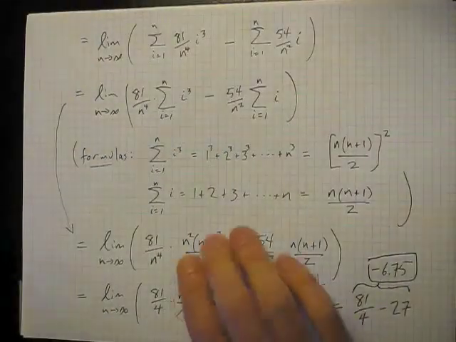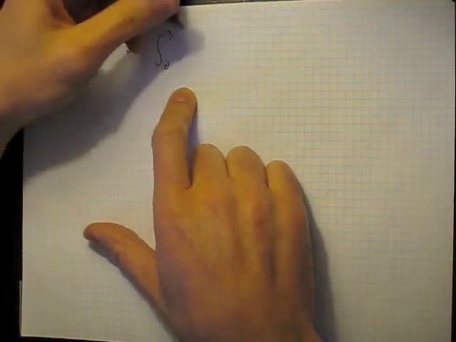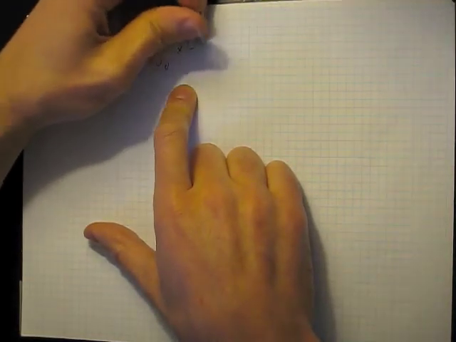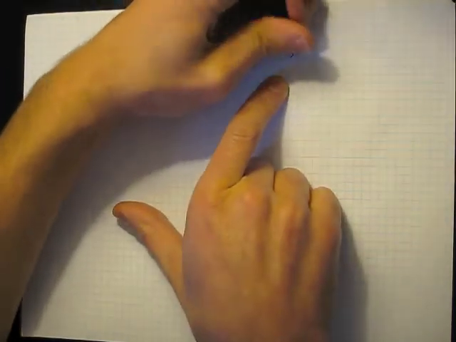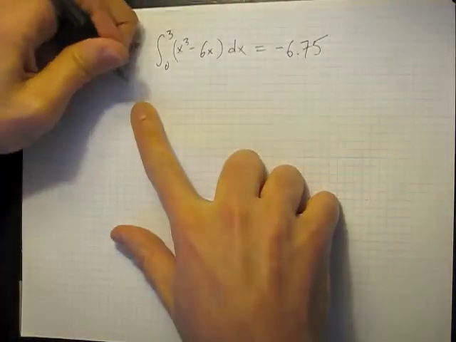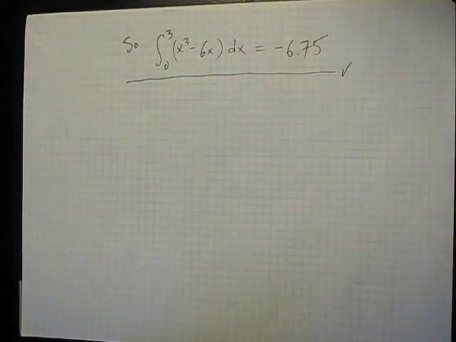All right, so that is the answer to B. So the integral of x cubed minus 6x dx is equal to minus 6.75. This is the answer. All right, very good.